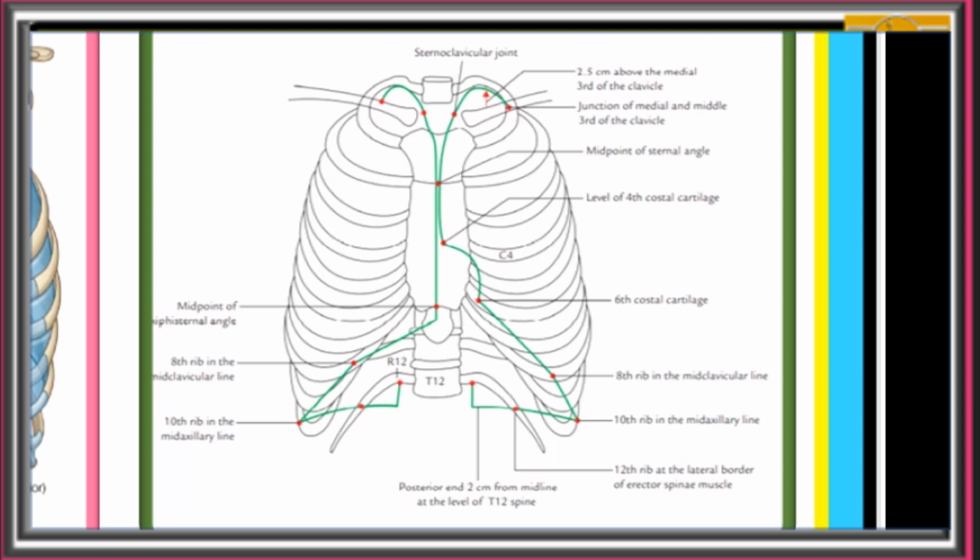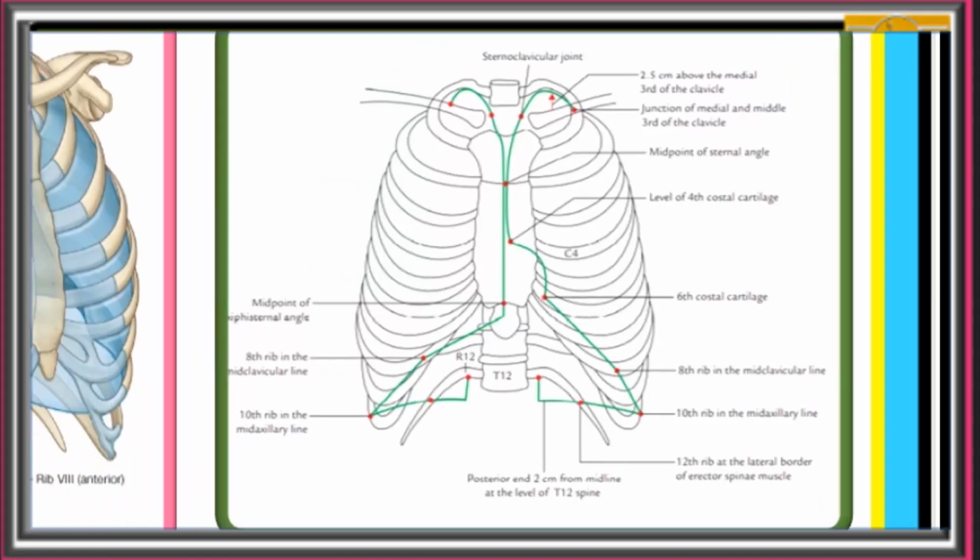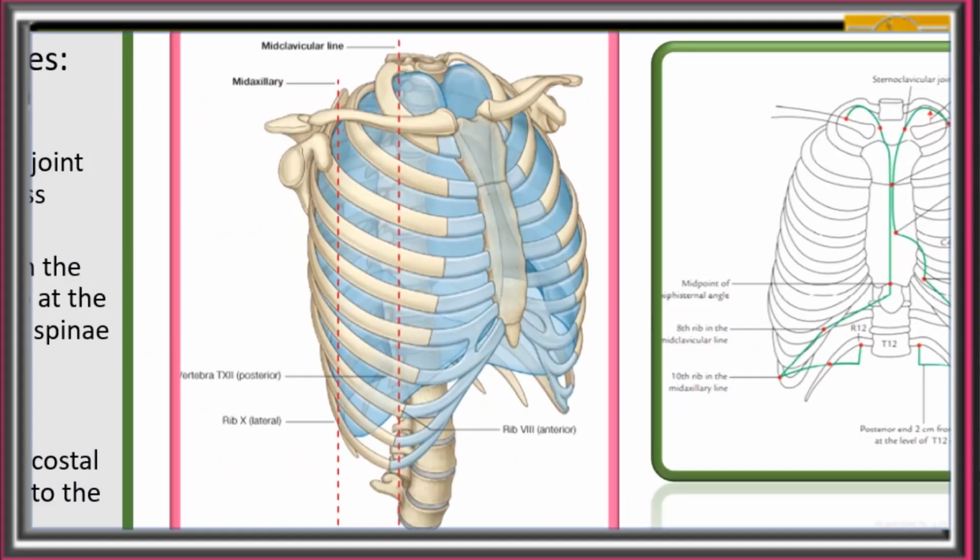Before we look at that, I want us to understand some lines that will be very important in this inferior line of pleural reflection, and we'll look at it from this illustration. The line we have here is running through the clavicle, and this line is called the mid-clavicular line.